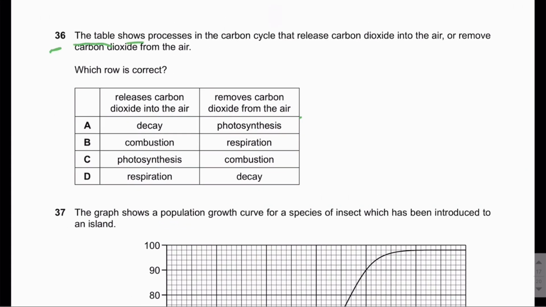The table shows processes in the carbon cycle that release carbon dioxide into the air or remove carbon dioxide from the air. So, guys, in the table, there are processes which release carbon dioxide into the air and processes that remove carbon dioxide from the air, and we need to state which row is correct.